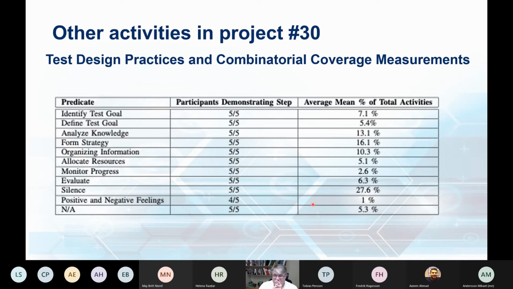And the reason why this is important is that what they would like to do is to continue this study with the diary method, to ask people to fill in what they are doing when designing the test cases, and also match these things against other metrics, such as which type of coverage you get.